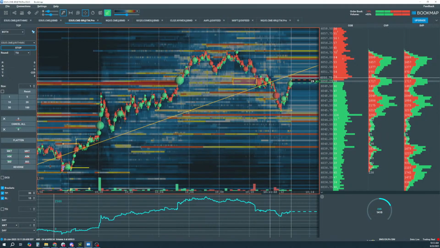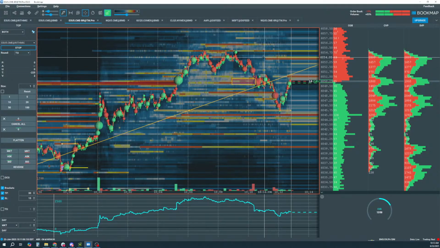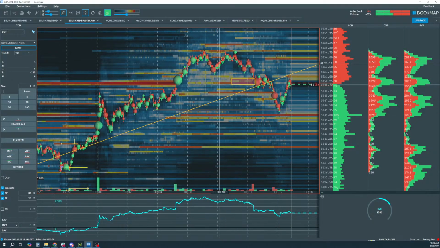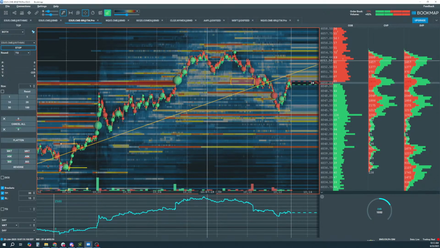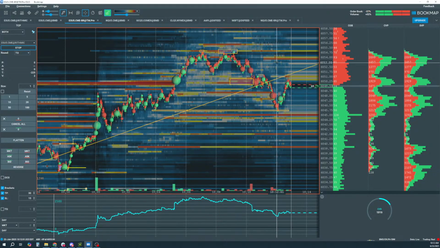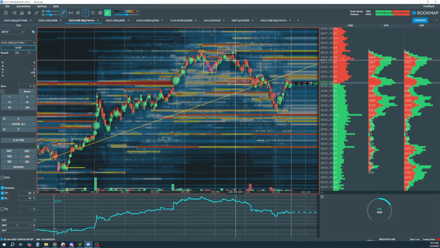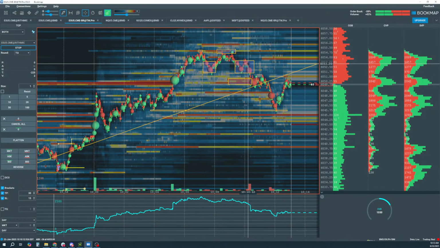Okay, so this is starting to look like a potential reversal pattern here, and let's just look at the condition of that selling though. Okay, so here we have some exhaustion and not much buying up here, and we do have a cluster of selling here. This is looking great for a reversal at this point.